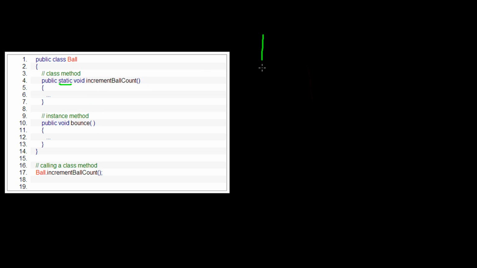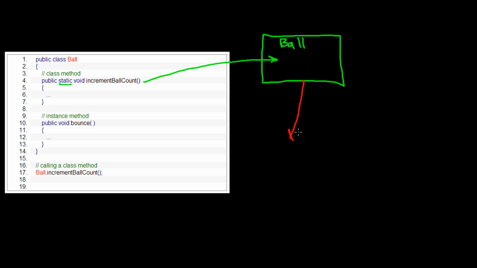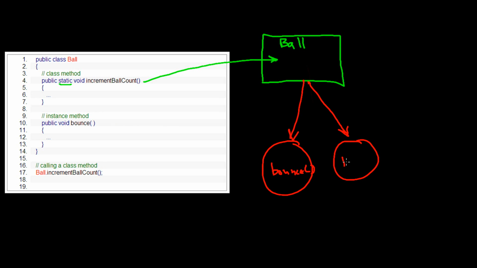Again, to try to visualize that, the increment ball count method is part of a class. In this case, we have a class called ball. And then when we generate objects off of this class at runtime, the bounce method is going to belong to each object.